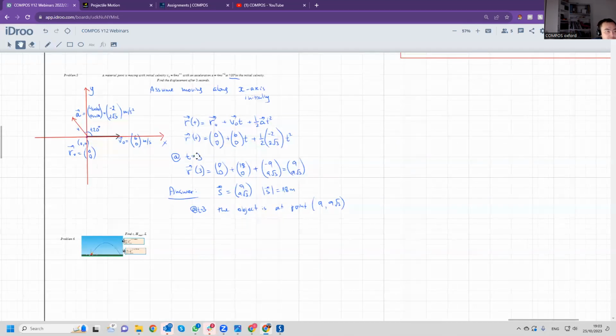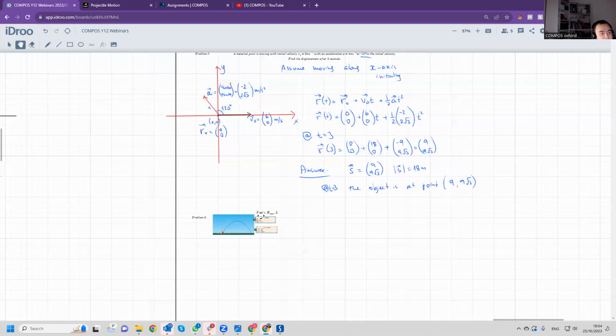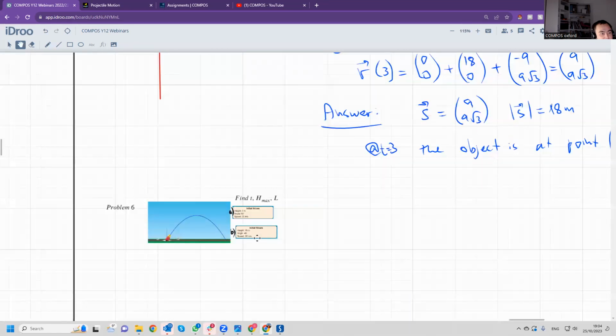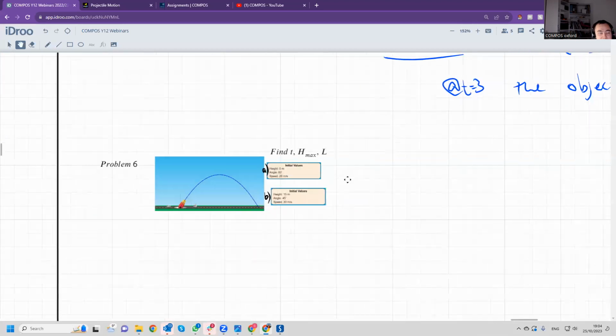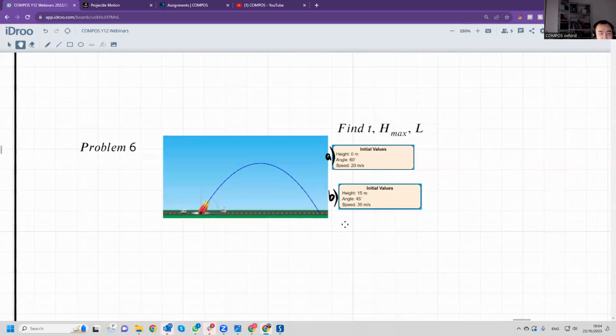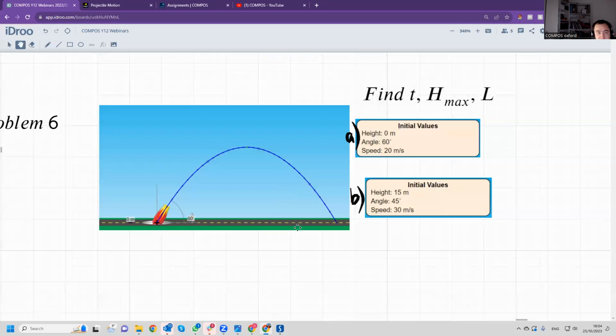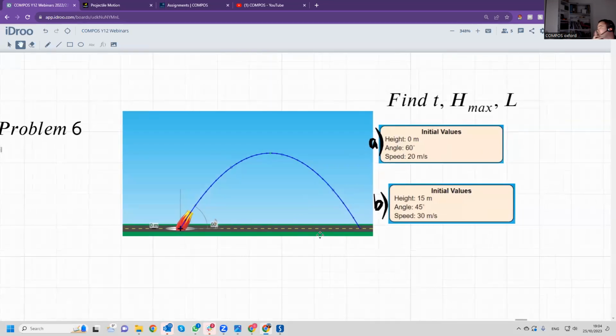So this is the vector form of doing it, and I think it's the best way of doing it. It's a more advanced approach, and I urge you to practice it a little bit.